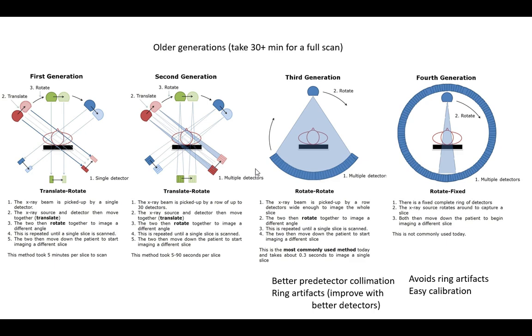All right, so that's first generation systems. Fairly rapidly, people figured out, well, if I could move this quicker, I'd be able to reduce this drastically. So they just made a fan beam, and you can see I've got multiple detectors on the other side, so I could spread it out, and now I can move it a larger chunk and get the same effective thing with fewer moves.